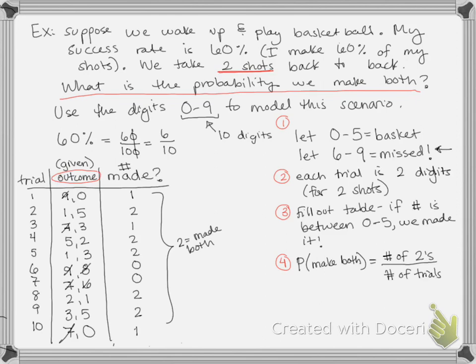So we're going to count up the number of 2's we have in that rightmost column, which is 1, 2, 3, 4, 5. And then the number of trials we had was 10. So the probability that we make both is 50%. And that's just a very made up, very quick example of how to do a simulation, and we will do more in class together for practice.